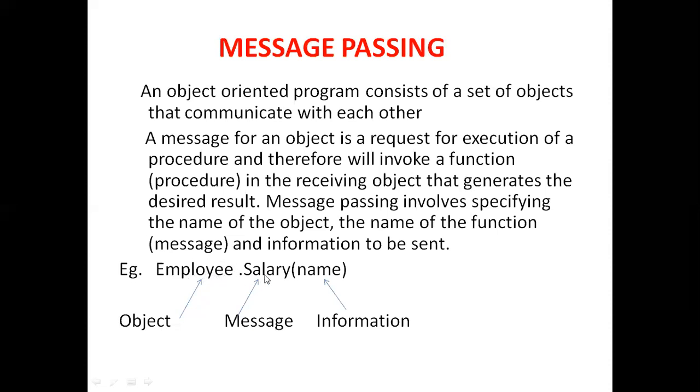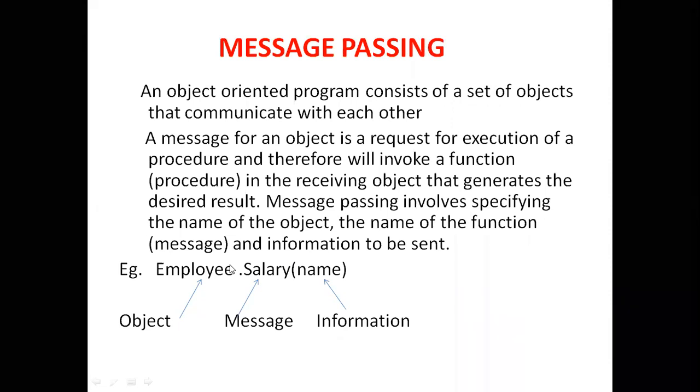Salary is the function, and name is a parameter. Parameter is information. So we are sending a message with the help of an object, passing information from one object to another. If we are sending a message, that is called message passing.